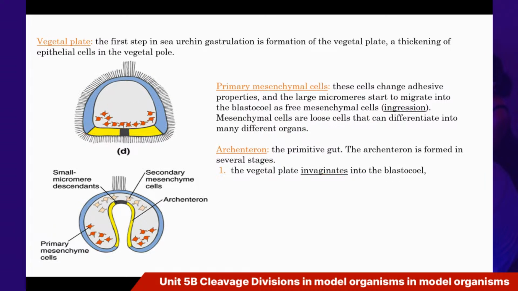So if you are putting transplanted micromeres on the other side, from there also they will tell the ectodermal cells to invaginate inside. So from here also invagination will start. But it is not the micromeres which are invaginating. No, micromeres will come out as loose cells only. The transplanted micromeres themselves will come out as loose cells only.